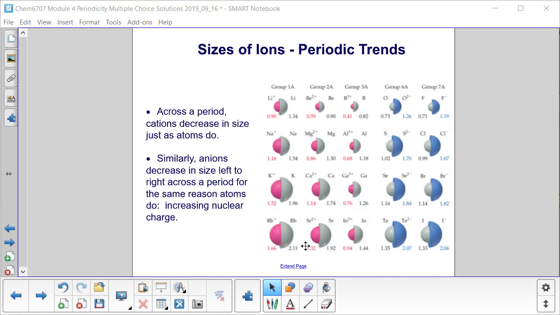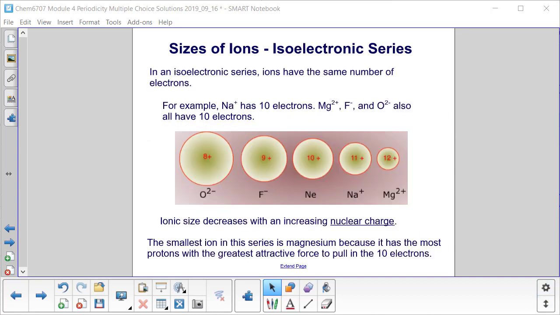In general, across a period, cations decrease in size just as atoms do. Similarly, anions decrease in size left to right across a period for the same reason atoms do, increasing nuclear charge. How might we put an isoelectronic series of ions in order of atomic radius?